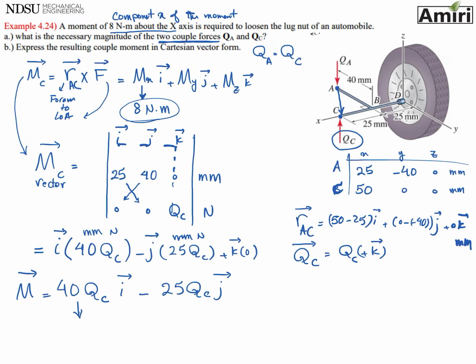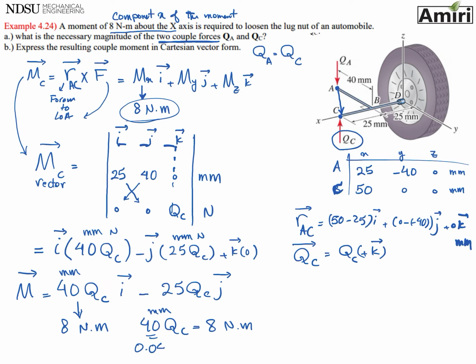The problem told us that the i component is supposed to be 8 Newton meters. This one is in mm, so I have to change the units. So I have 40 QC mm equals 8 Newton meters.